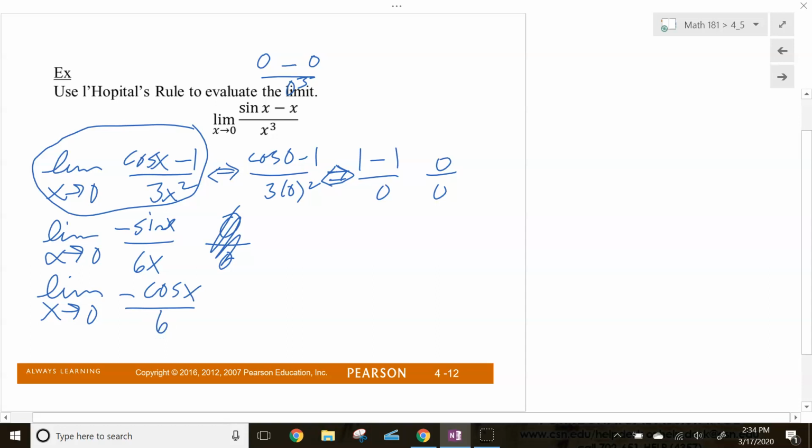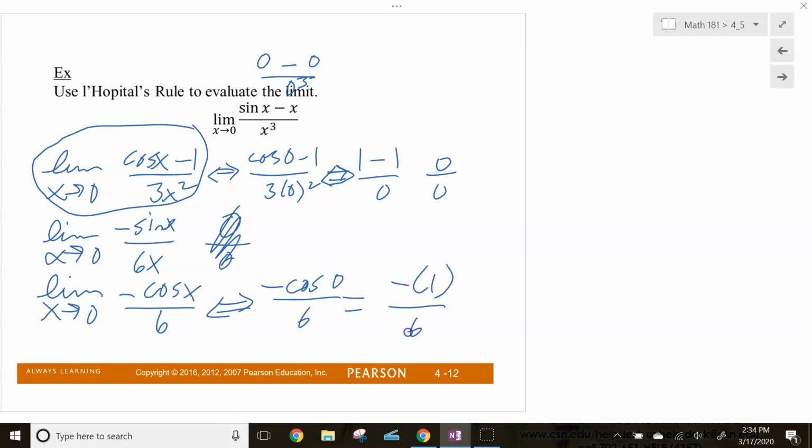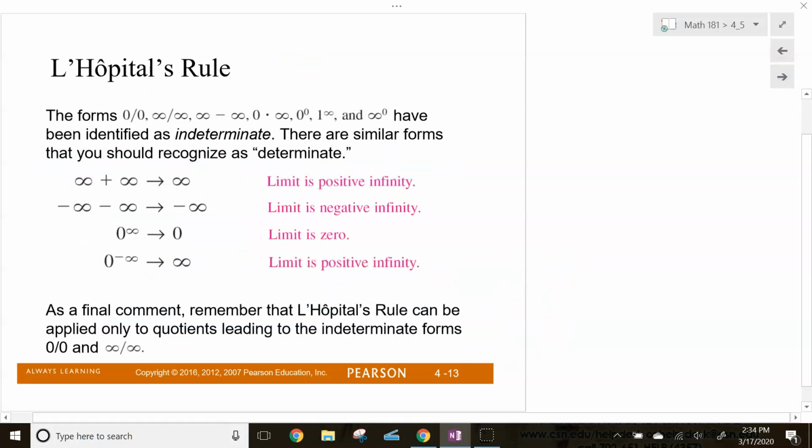Throw 0 in now. So this becomes negative cosine of 0 over 6. Cosine of 0 is 1. There it is. Negative 1 over 6. So again, remember you can repeat.